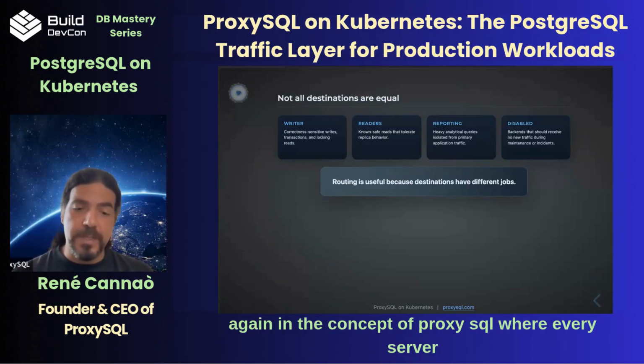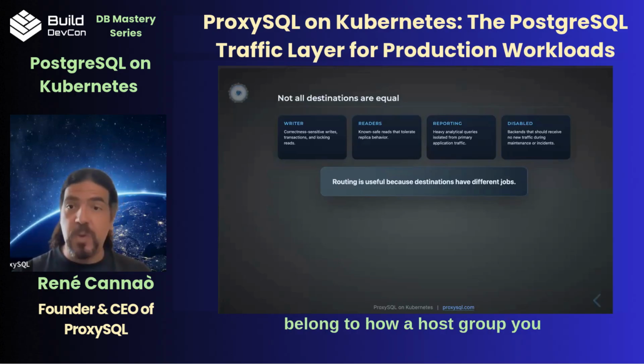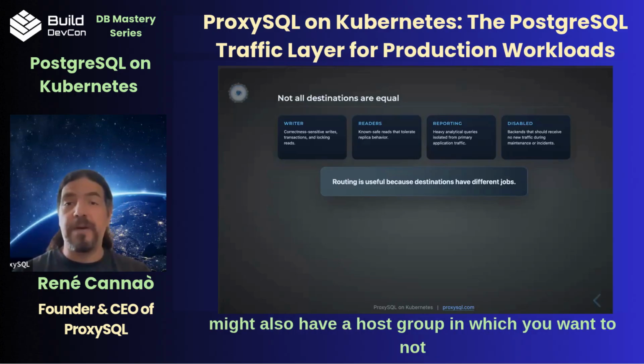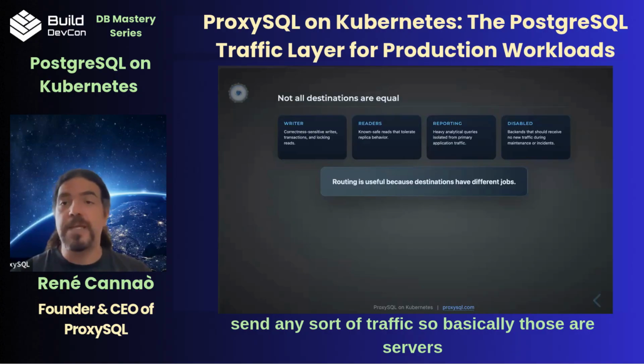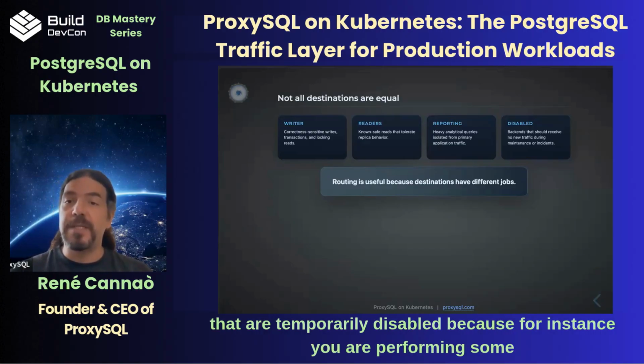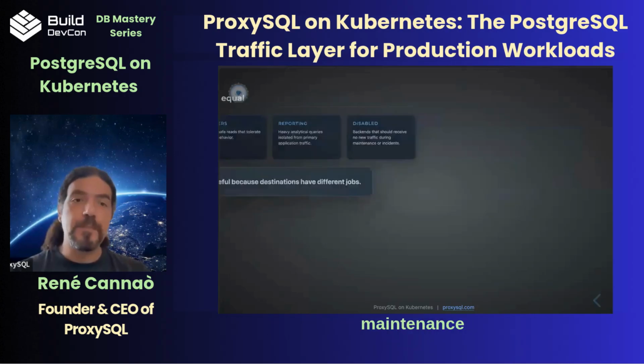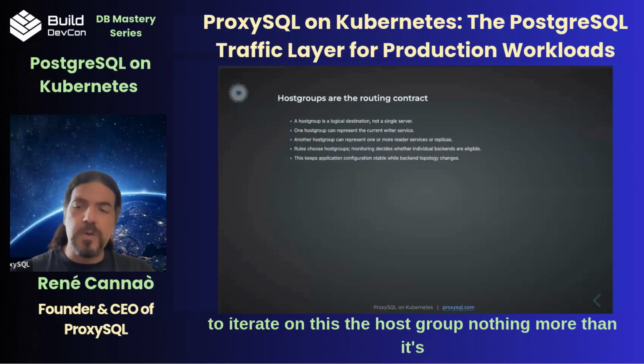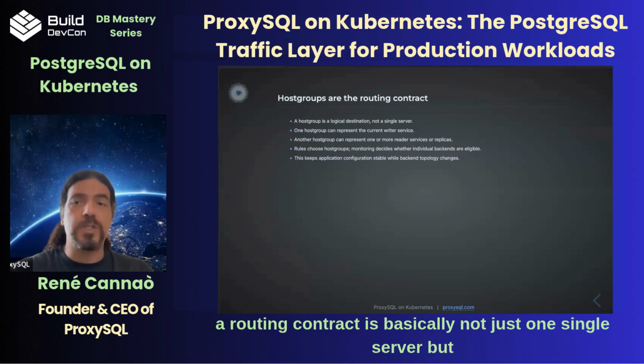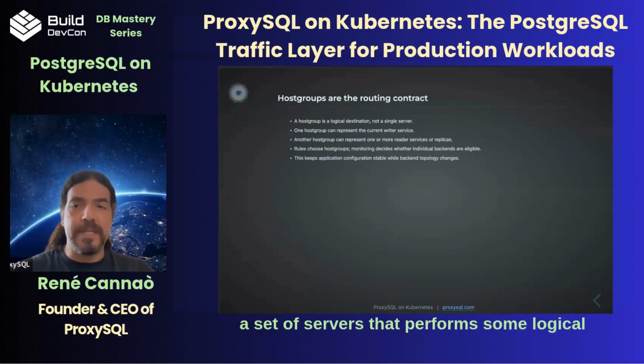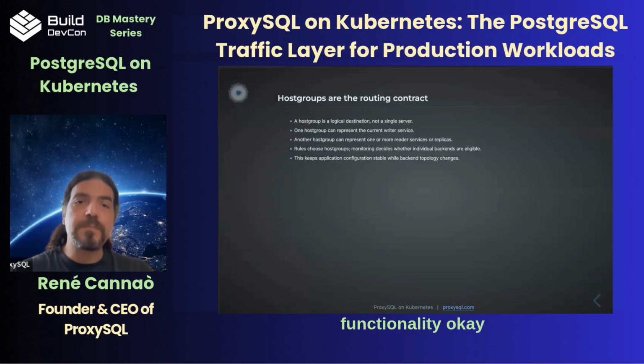And again, in ProxySQL, where every server belongs to a host group, you might also have a host group to which you do not want to send any traffic. Those are servers that are temporarily disabled because, for instance, you are performing some maintenance. To reiterate, the host group is a routing contract. It's not just one single server, but a set of servers that performs some logical functionality.